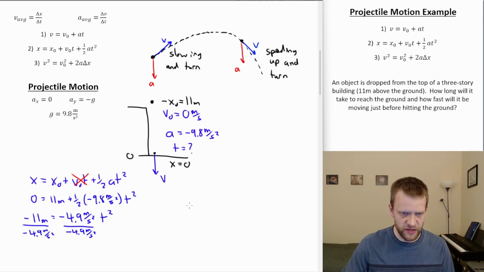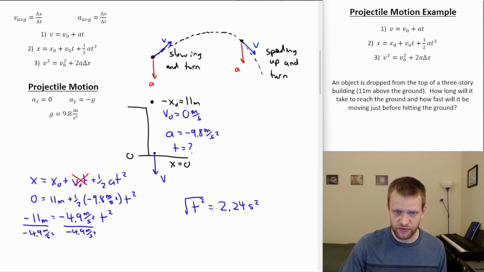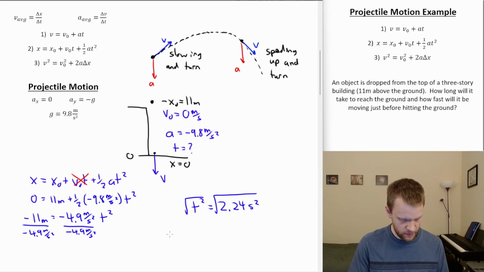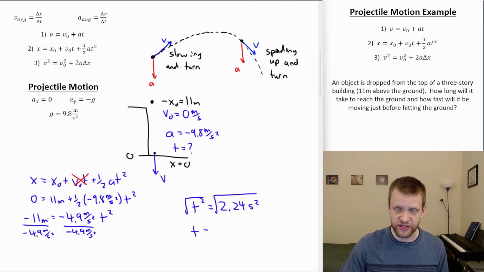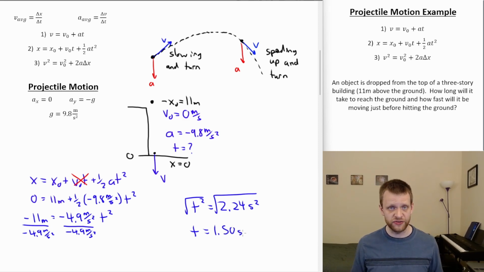And that gives me time squared is equal to 2.24 seconds squared. And then we have to take a square root of both sides, and I get the time for this thing to hit the ground is going to be basically 1.50 seconds, just shy of 1.5 seconds.